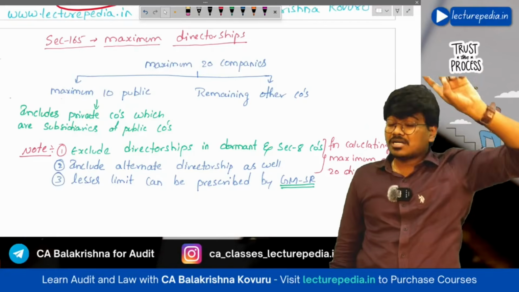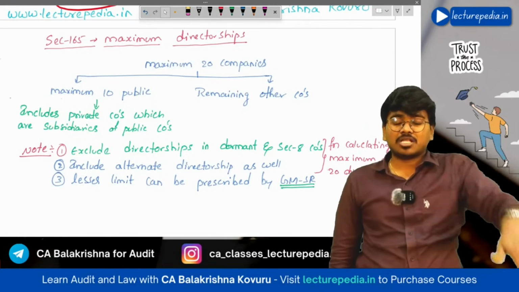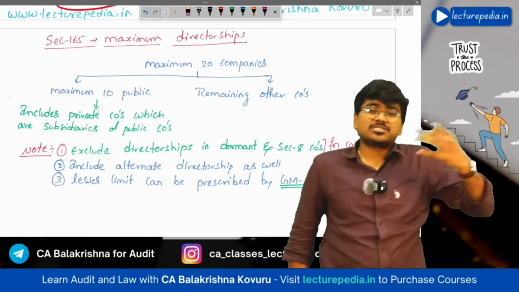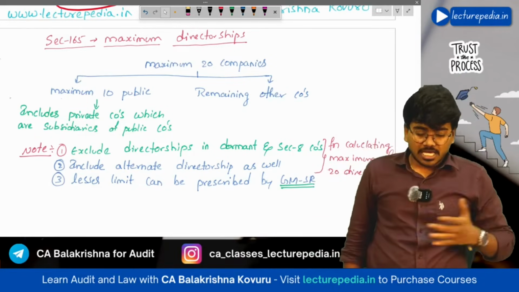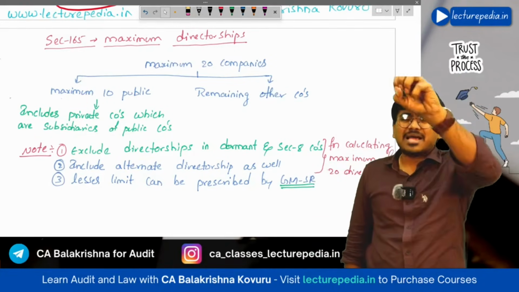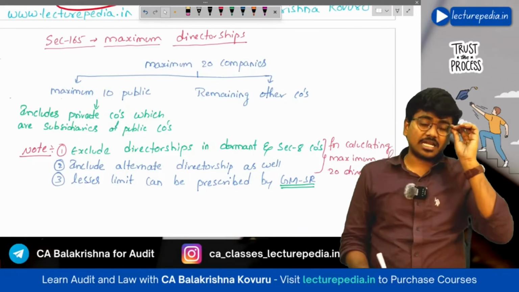So what the act has done is it has put a limit on the maximum number of directorships a person can hold. The limit is 20 directorships. Okay, a person can hold maximum of 20 directorships. He cannot hold more than 20 directorships.